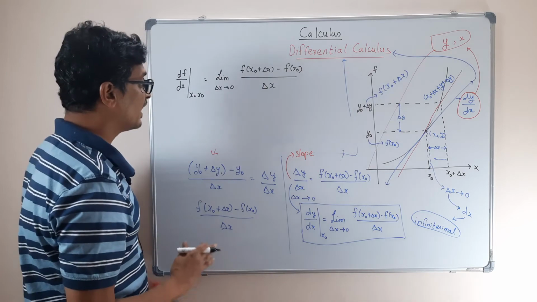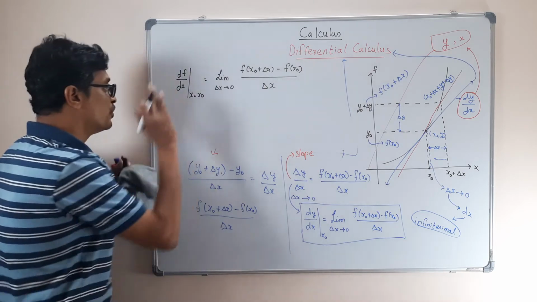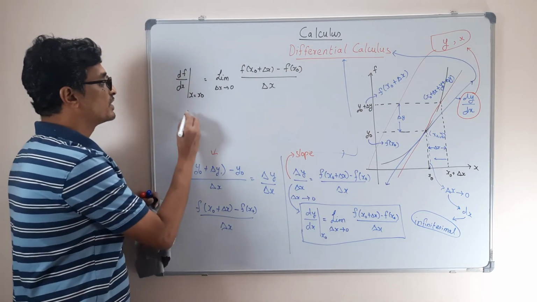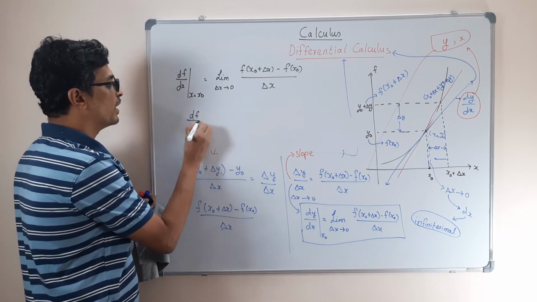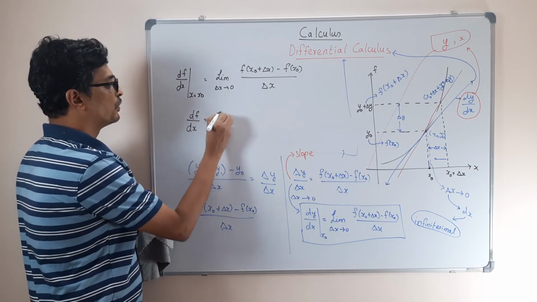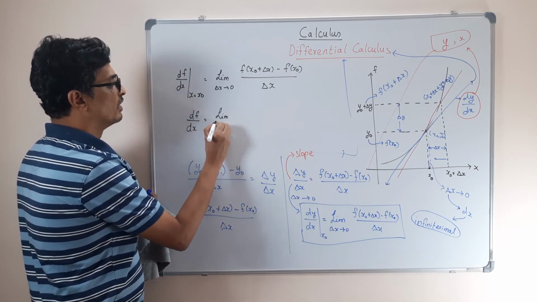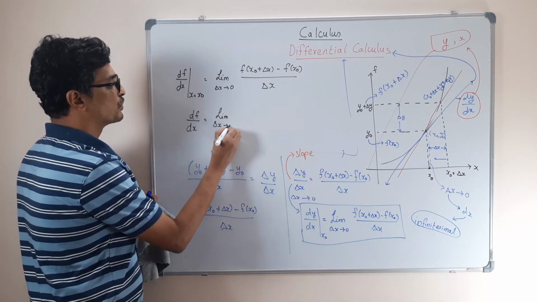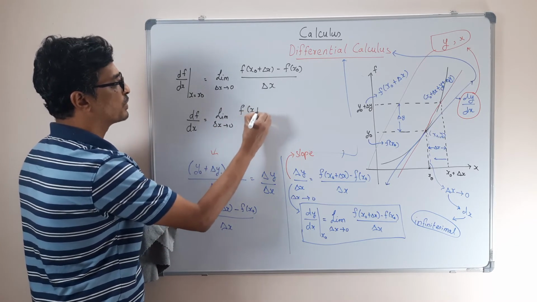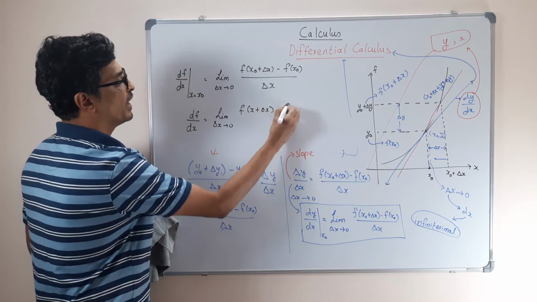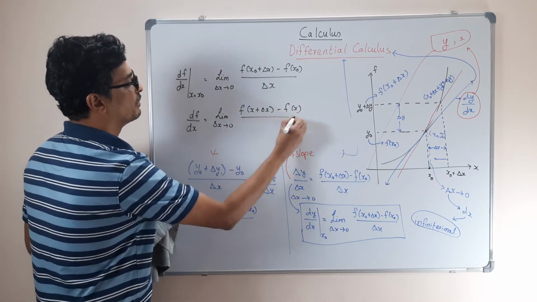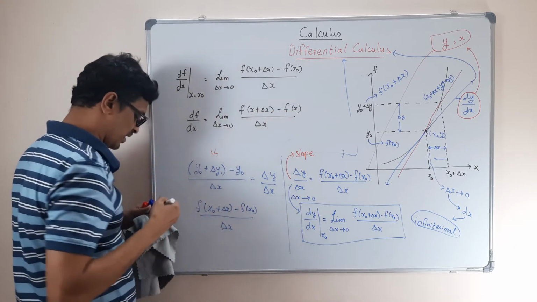On the other hand, if I remove this x0 and simply write df by dx equal to the limit as delta x tends to 0 of f of x plus delta x minus f of x, divided by delta x, what is this?